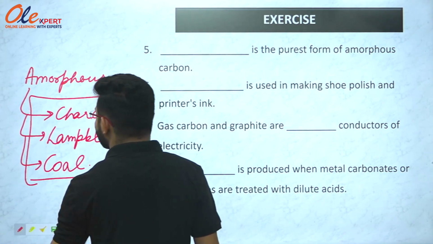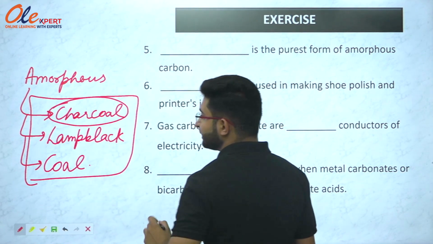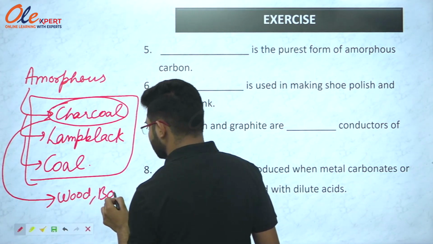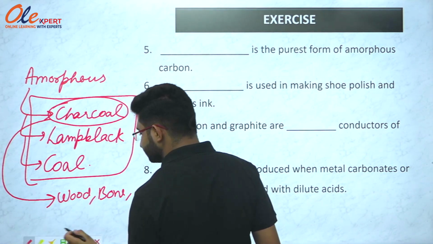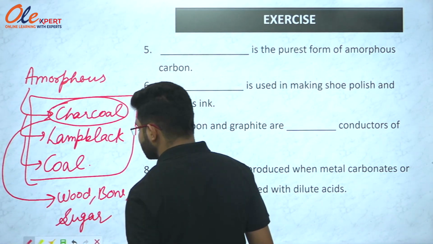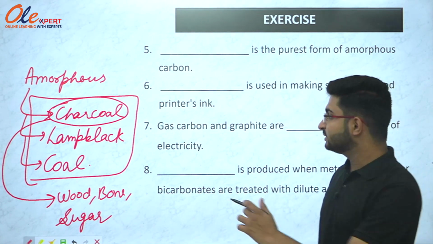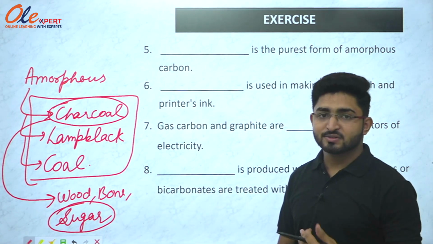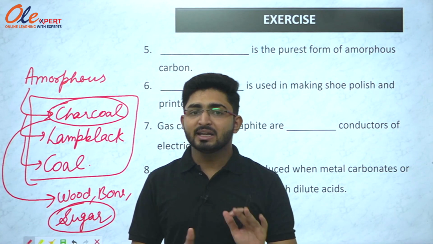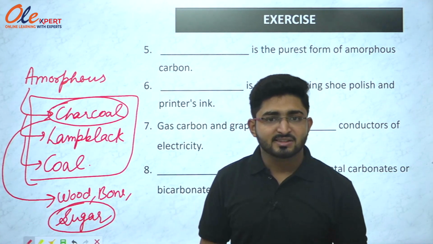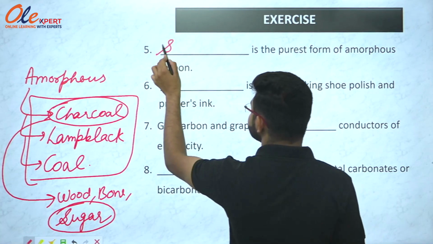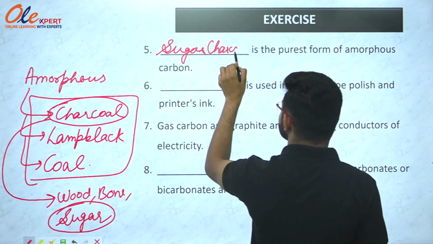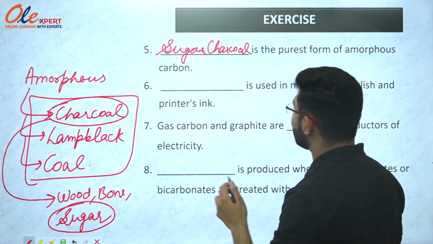When we talk about charcoal, there are three types: wood charcoal, bone and sugar charcoal. So these are the three types of charcoal. And when we are talking about sugar charcoal, it is the purest form of carbon, as we have studied, and it is formed by dehydrating cane sugar with concentrated sulfuric acid. So you have to write here sugar charcoal is the purest form of amorphous carbon.